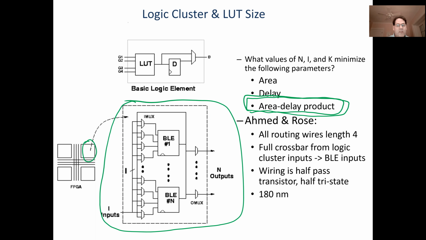So we might optimize area delay squared. So that's when you're trying to make 2 different chip families and you want them to be different. You'll optimize one for area more and delay some, and the other for delay more and area some. If you're trying to make one family of FPGAs and just get the most throughput per silicon, then this is the most logical thing to optimize, area delay product.